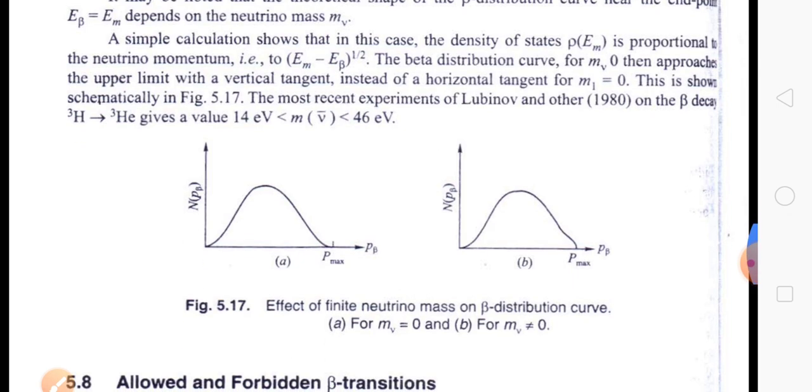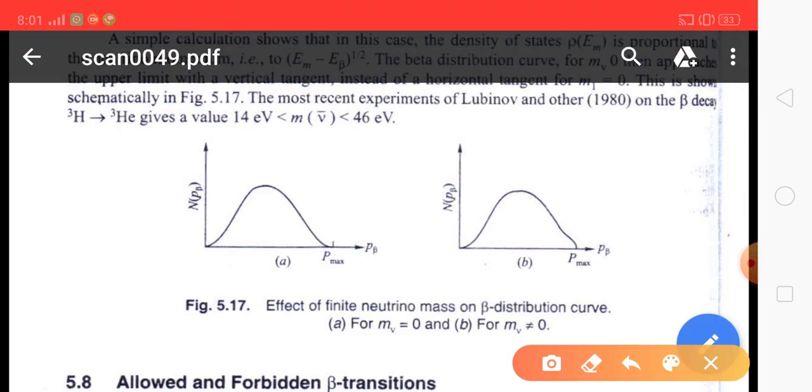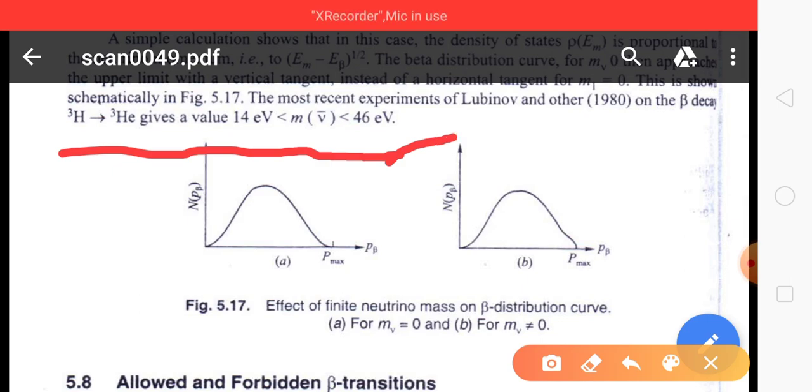The most recent experiments of Lubimov and others on the beta decay of tritium give a value, which is less than 14 electron volt for the mass of the antineutrino, so that the mass of the antineutrino lies in between 14 to 46 electron volt.